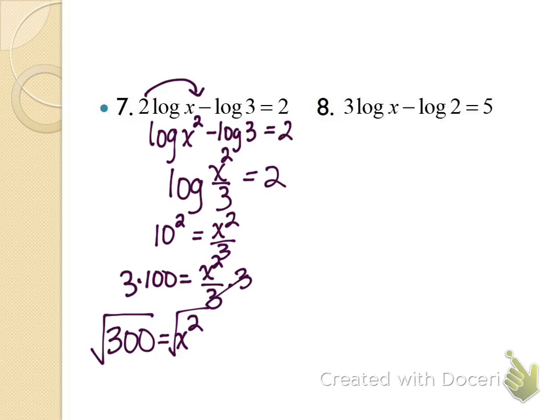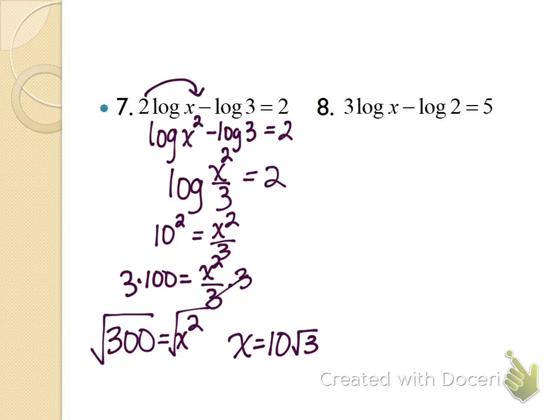Well, let's talk about this for just a second. My preferred answer would be 10 root 3. We're just simplifying a radical. It's got a factor of 100. Square root of 100 is 10. And then we're left with a square root of 3.